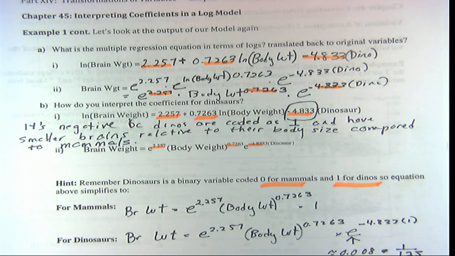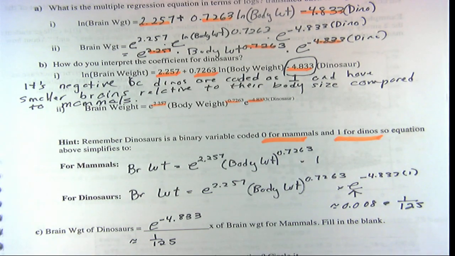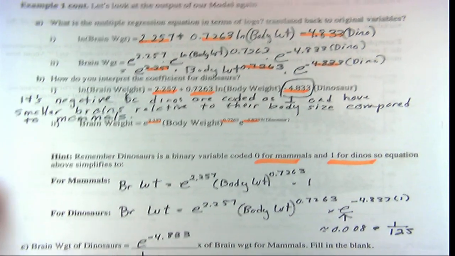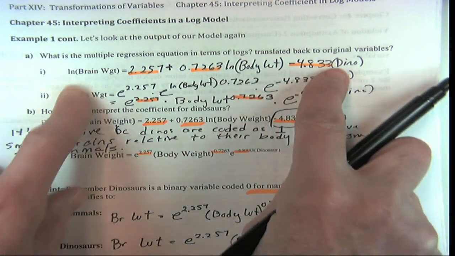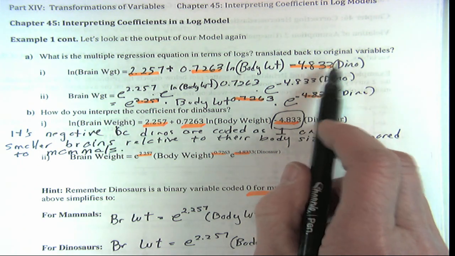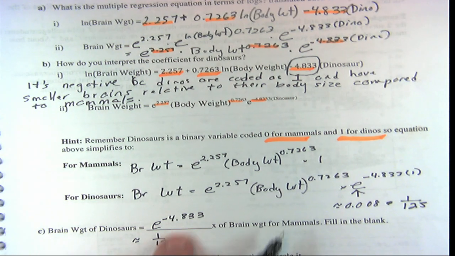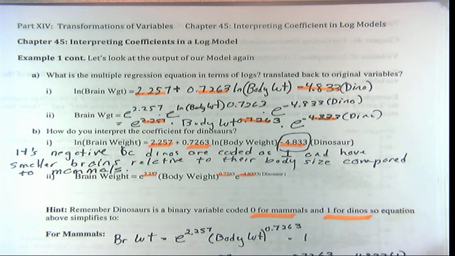So that's the idea. I just want you to get a feel for what happens when you anti-log. So this factor right up here, this coefficient, where does that factor appear? It appears right there.